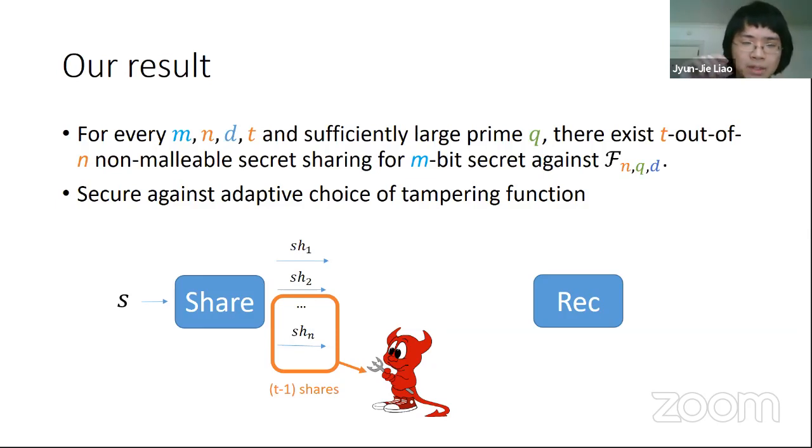But there are certain kinds of affine leakage which will break the non-malleability. So we don't want to include this as part of our main result because it would be weird to prohibit certain kinds of affine leakage. But it is non-malleable even if the adversary can get some kind of affine leakage, I would say.